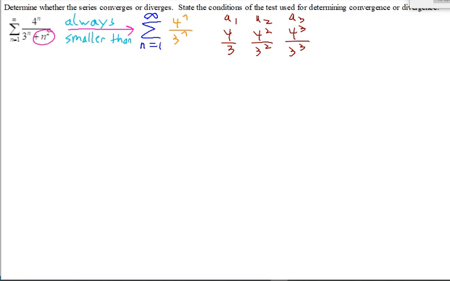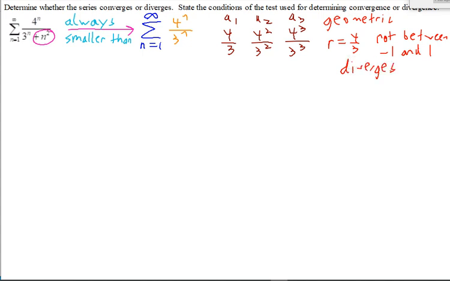When it's multiplied by a constant, that's a geometric series, where r equals 4/3. And remember, with a geometric series, you look and see if this 4/3 is between -1 and 1 or not. In this case, it's not between -1 and 1, so that means it diverges.